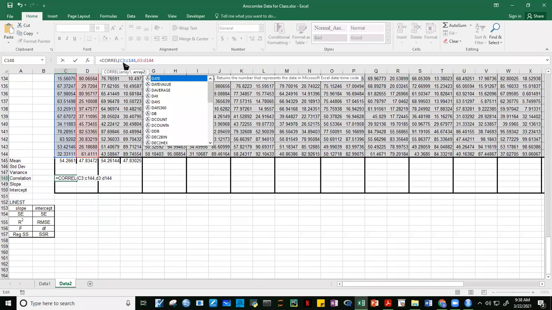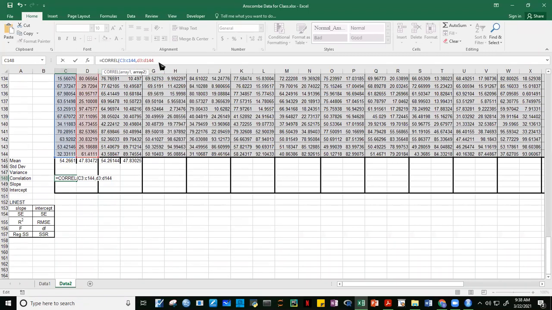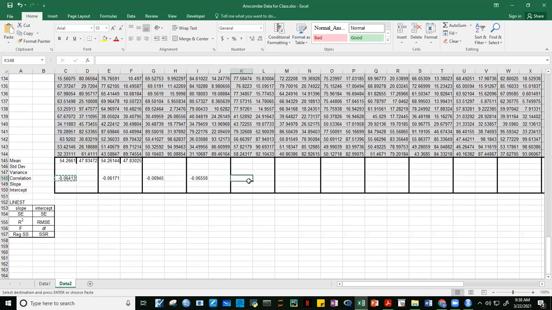So correlation between C3 up to C144 and D3 up to D144, okay, they're negatively correlated, negative 0.06. And if I copy the formula here, okay, taken to two decimal places, guys.